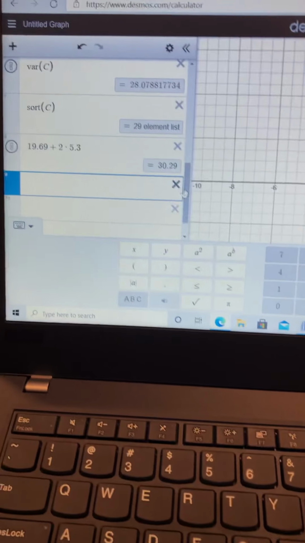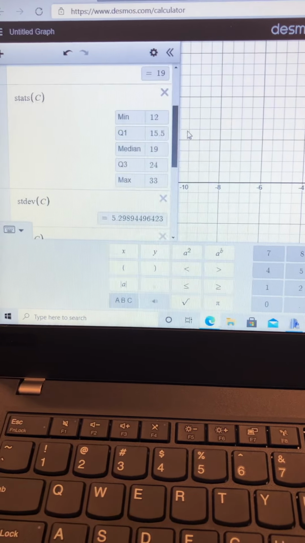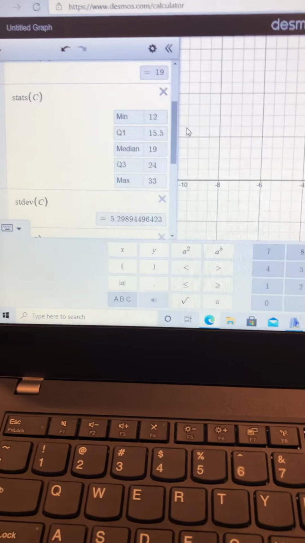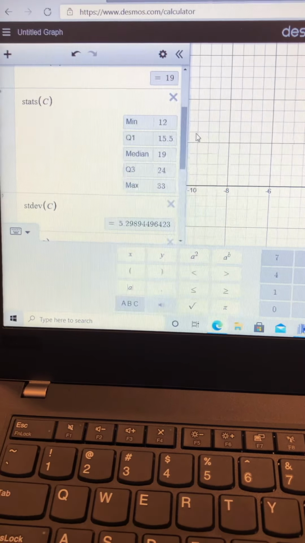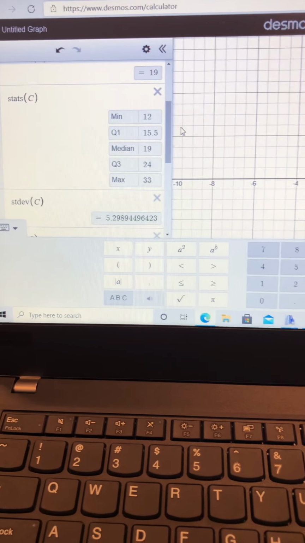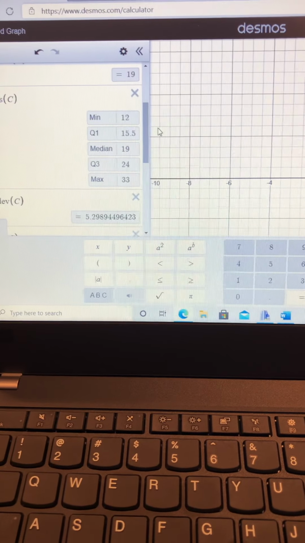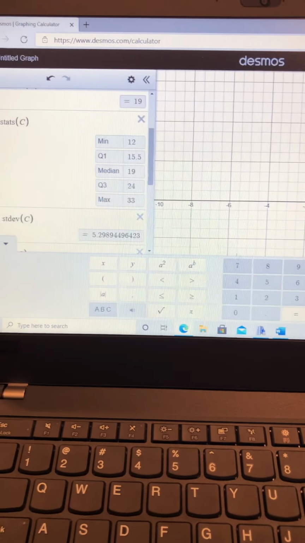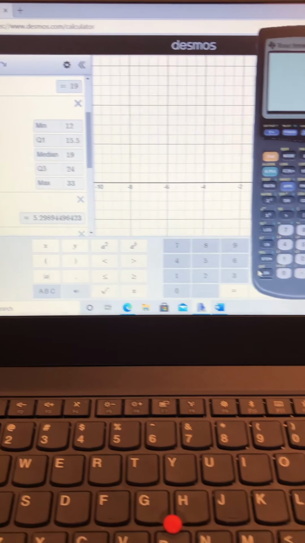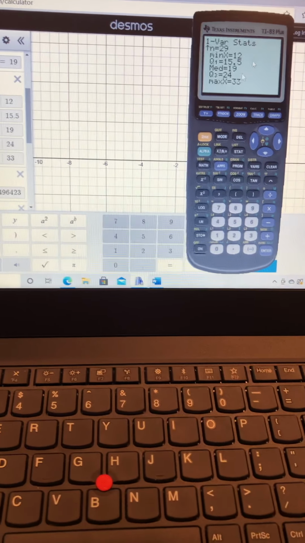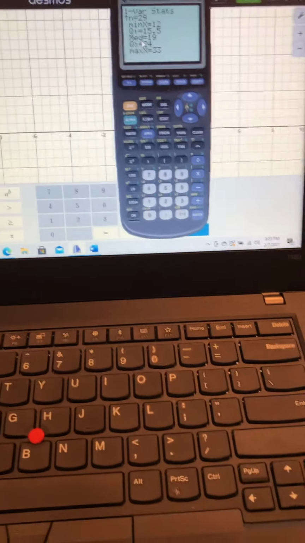I've already done it on both Desmos and the calculator a couple of times, and we've already talked about it. So 12 is my minimum, 15.5 is Q1, 19 is my median, 24 is Q3, and 33 is my maximum. And we already said that was the same on the calculator when I scrolled down, so like I said, I've already mentioned that.